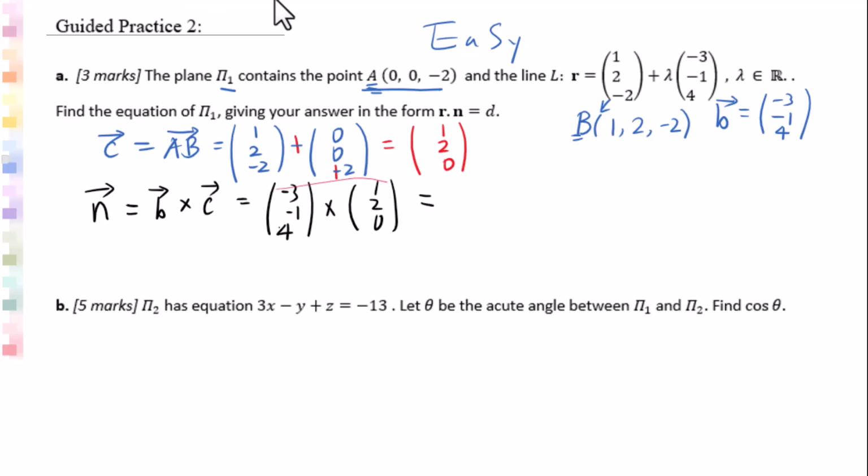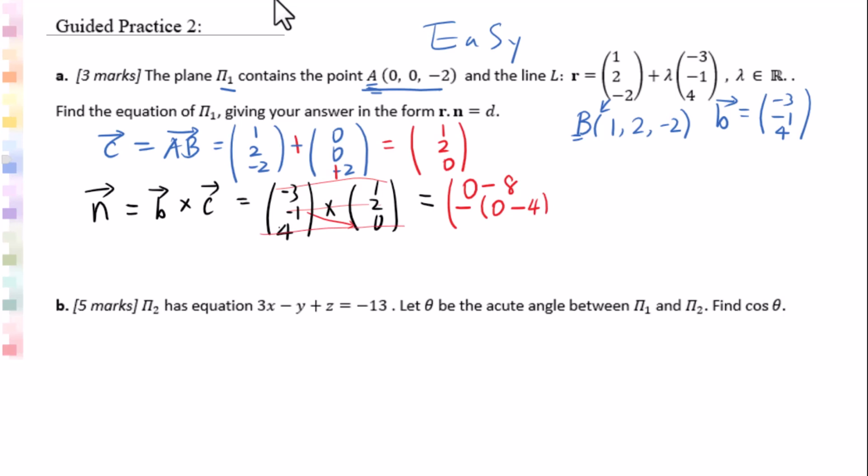cross out the first row, 2 by 2 determinant, -1 times 0 is 0 minus 4 times 2 is 8. Second row cross out, negative sign, parentheses, -3 times 0 is 0 minus 4 times 1 is 4.